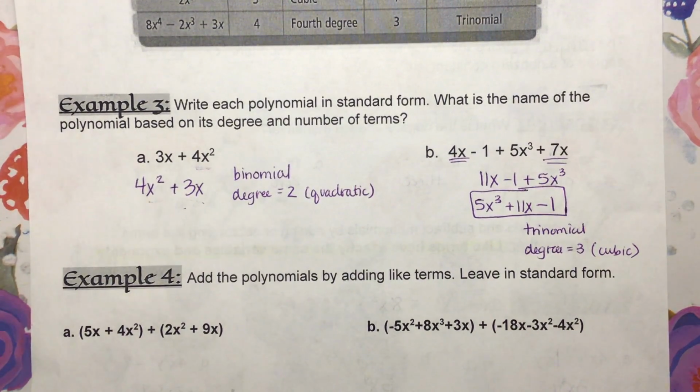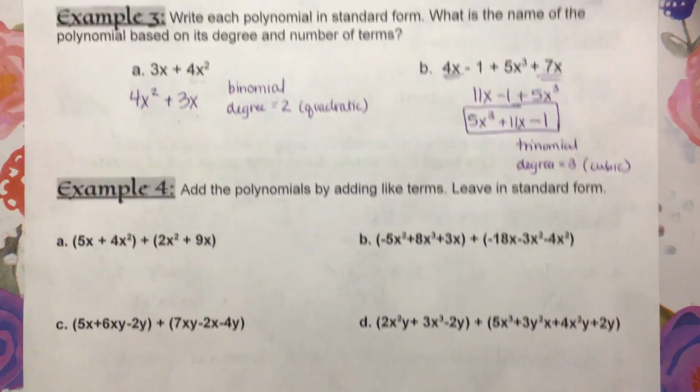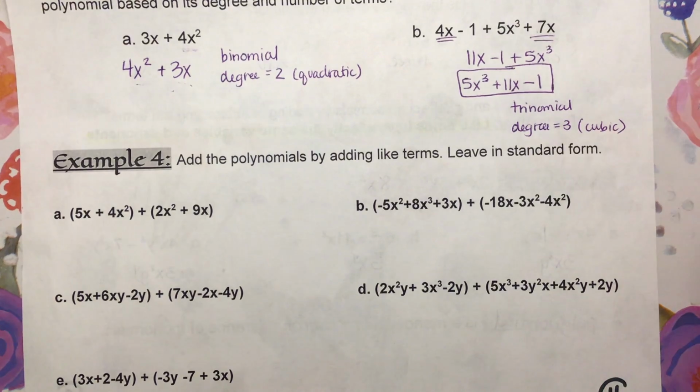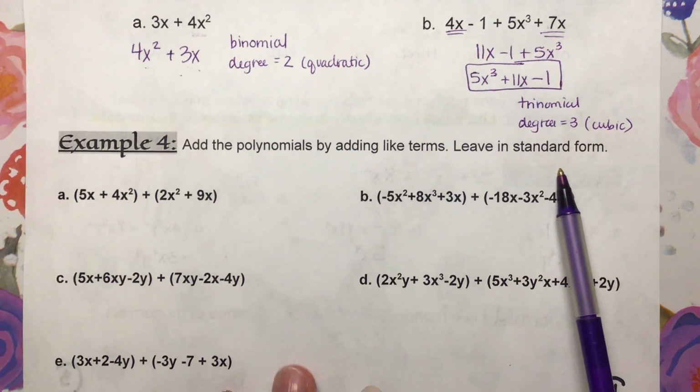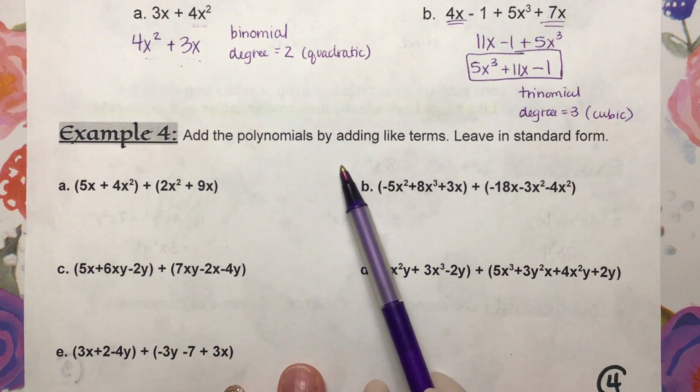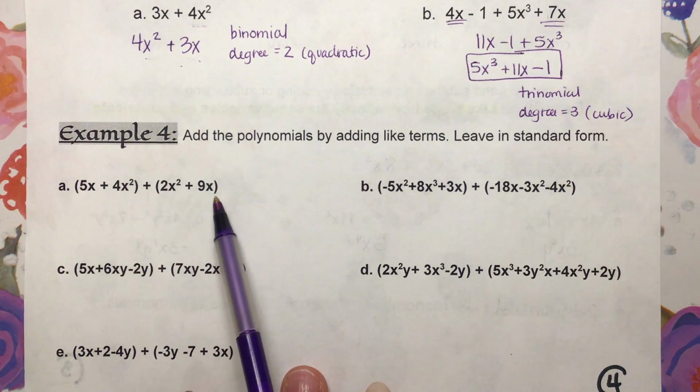Now, something that we're going to be doing a lot of is adding polynomials. So when we add polynomials, we are going to be adding like terms. And if we're able to in these examples, we want to put these in standard form. So we're going to add the polynomials by adding like terms. Don't let the parentheses throw you off.